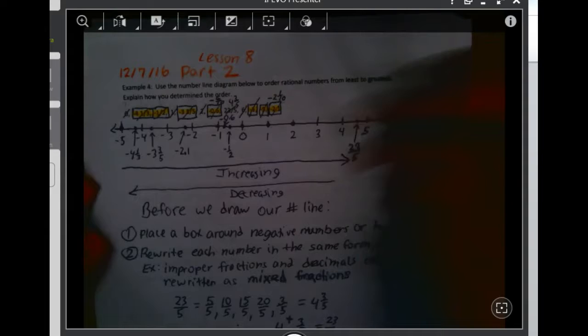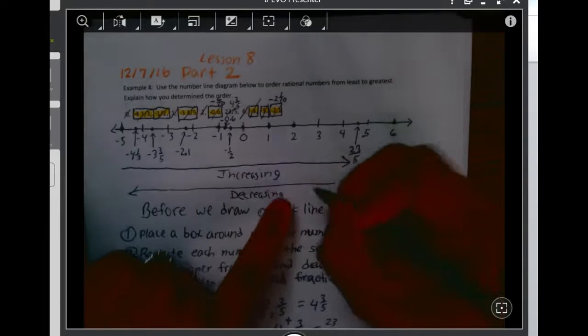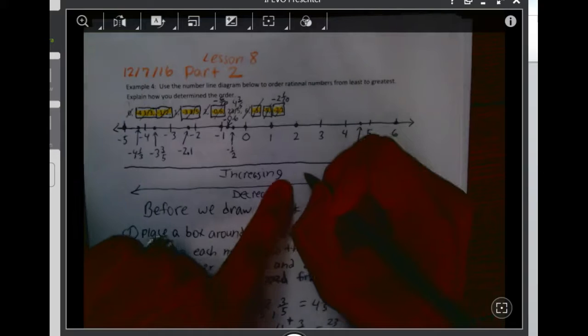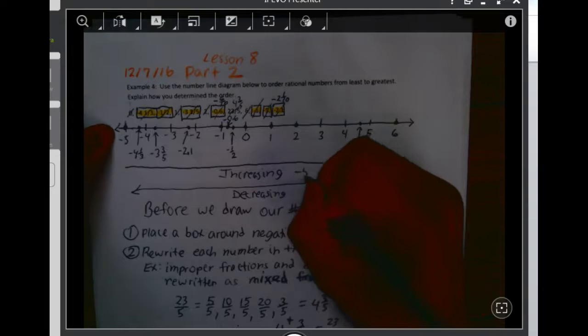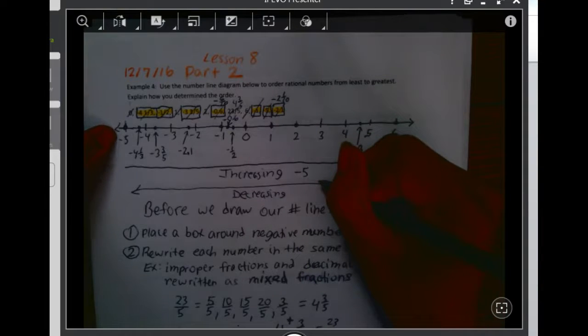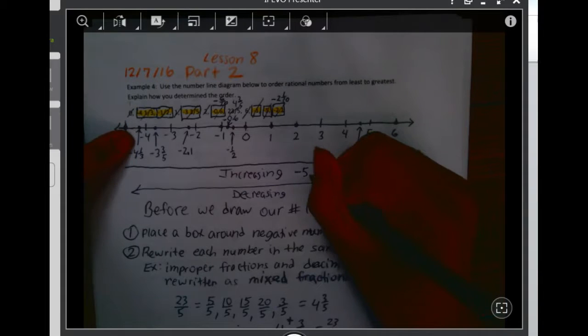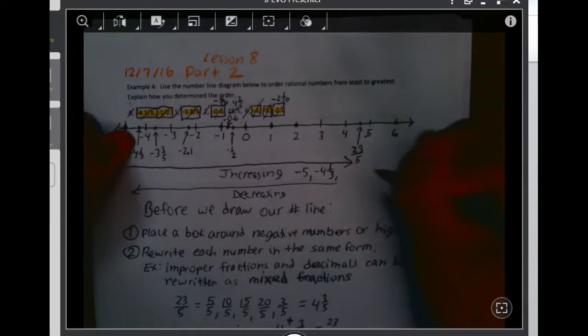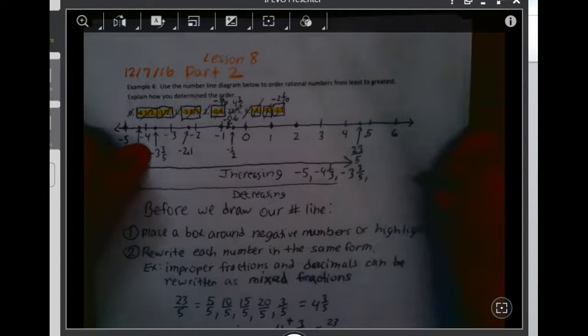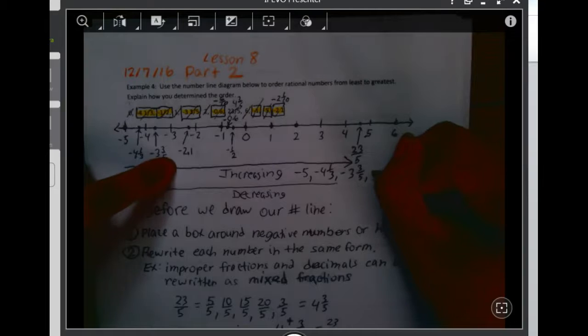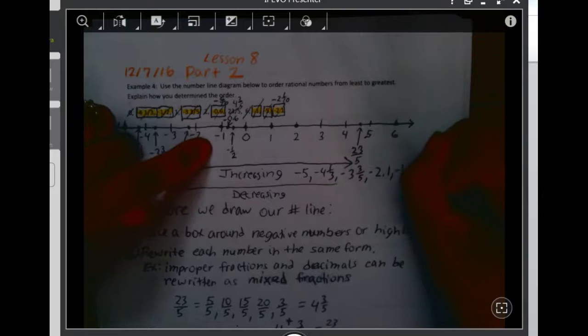Alright. So we have, since we're writing from least to greatest, we're writing them in increasing order. We have -5, -4 1/3, -3 3/5, -2.1, -1.